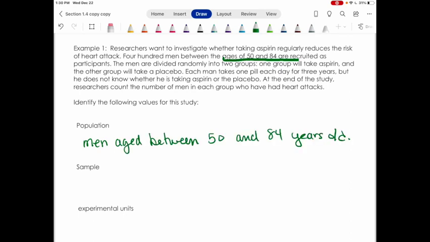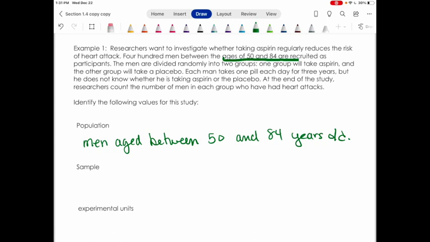Now we have to be careful when we specify the population that we're giving specific information, because otherwise that would misrepresent our experiment. So if I just put down the population is all men, that's not true because we're focused on men between 50 and 84.